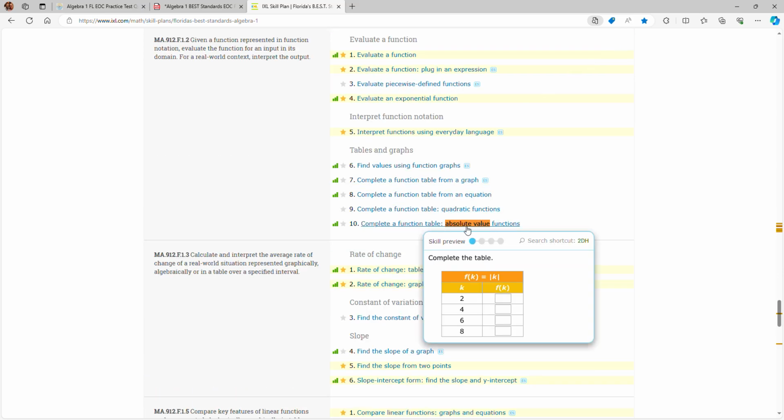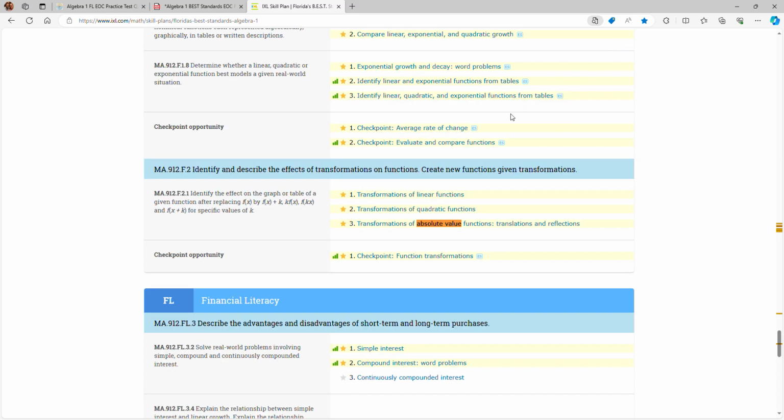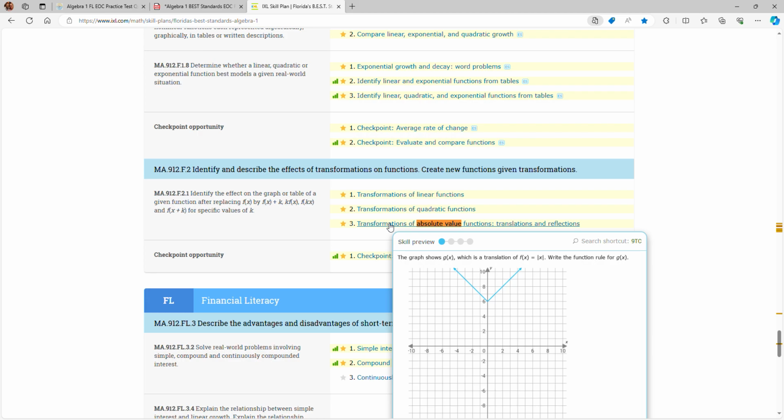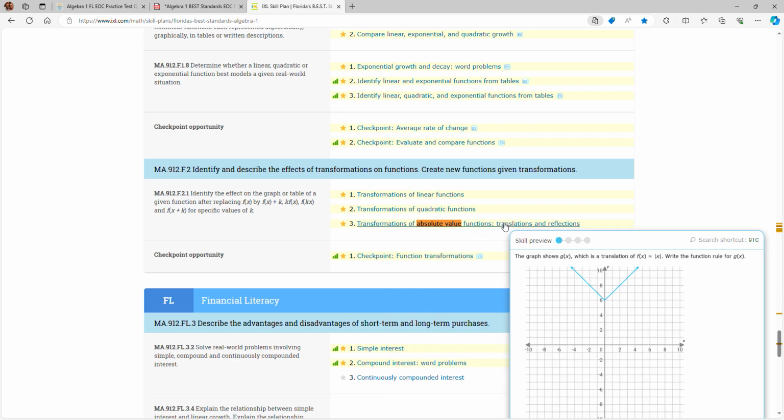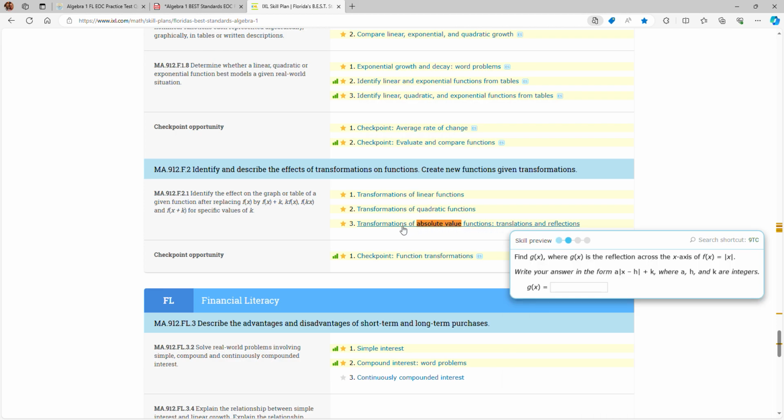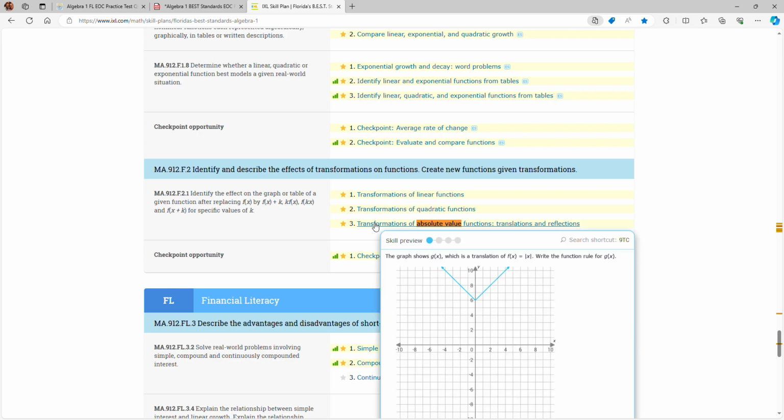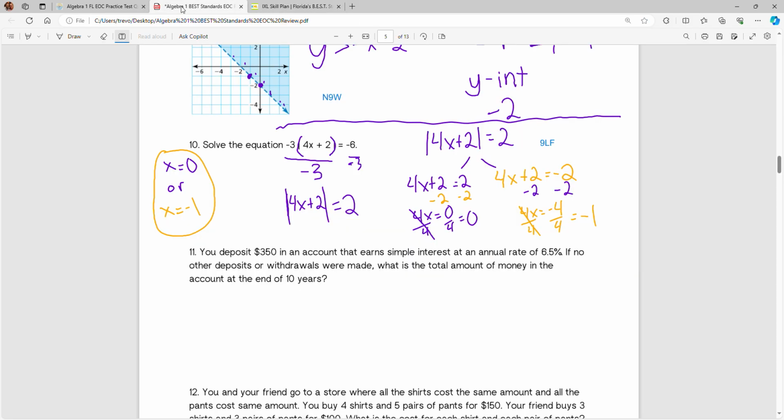Complete a function table, absolute value functions, I think that was the same one from up above, and transformations of absolute value functions, translations, and reflections. There's one more here, 9TC. All right.